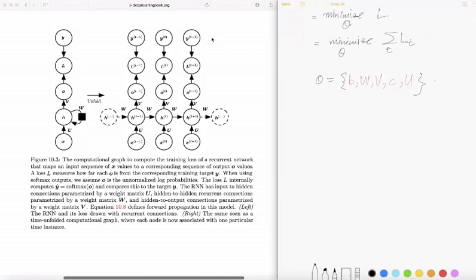Okay, so that's my loss function. And where is the dependence of L on the parameters? You can just see it over here.